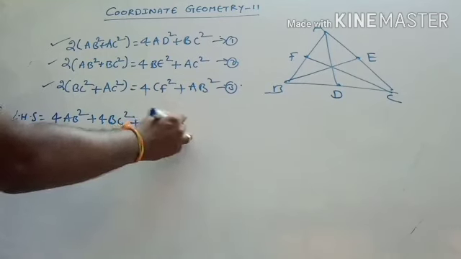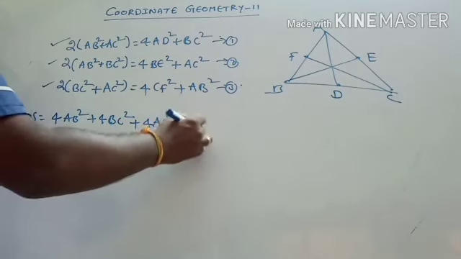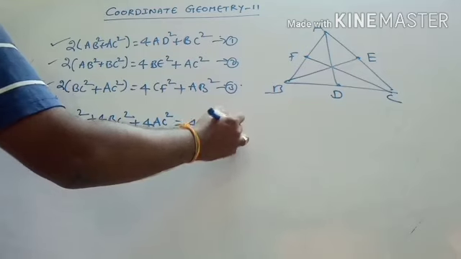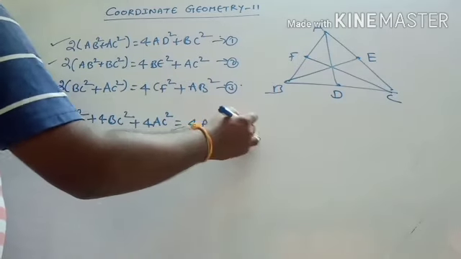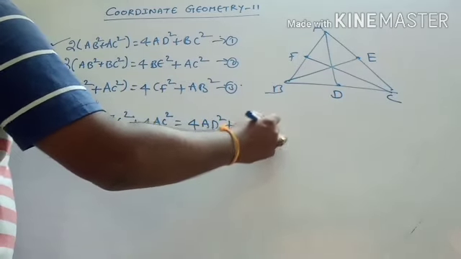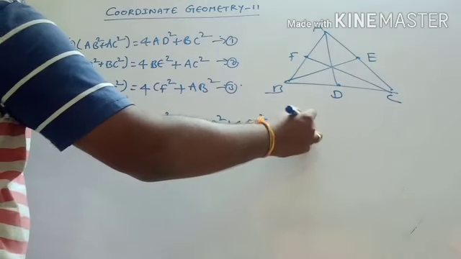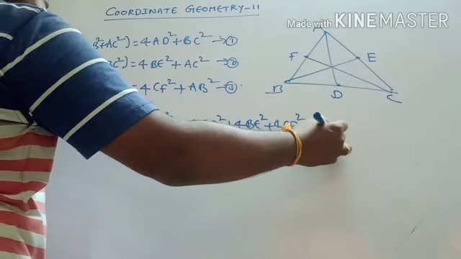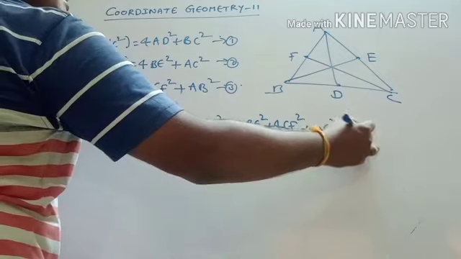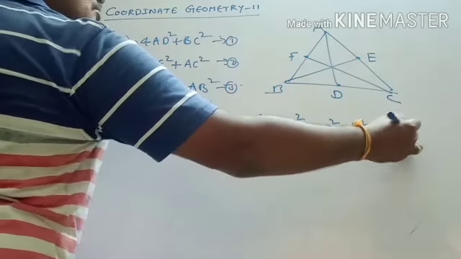This is equal to 4AD square plus 4BE square plus 4CF square plus AB square plus BC square plus CA square.